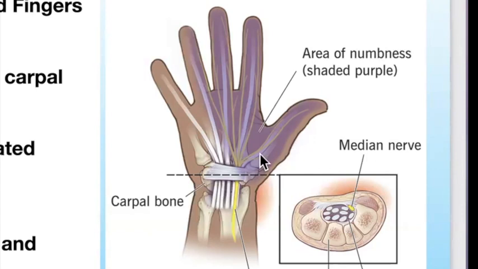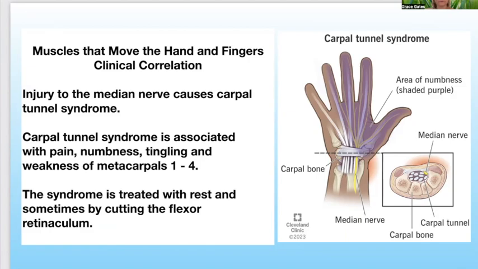We'll do nerves later, but understanding the median nerve, the fact that it innervates the first 4 fingers, actually the first 3, the thumb, the pointer finger, the middle finger, and the ring finger, but only half of the ring finger is actually innervated by the median nerve. So that's why they're only showing half of the ring finger in purple. So you can look at those pictures.